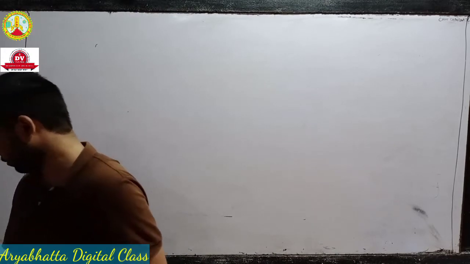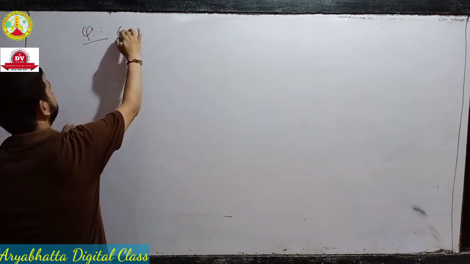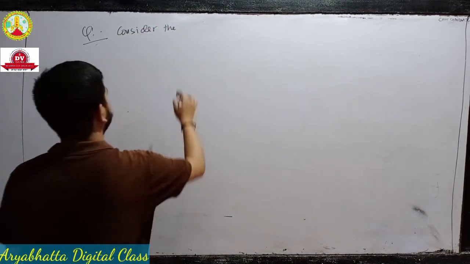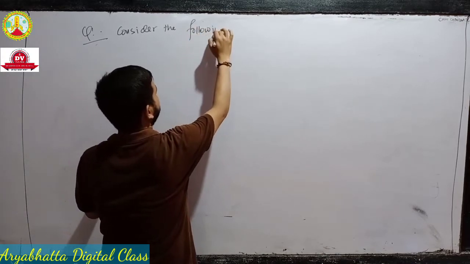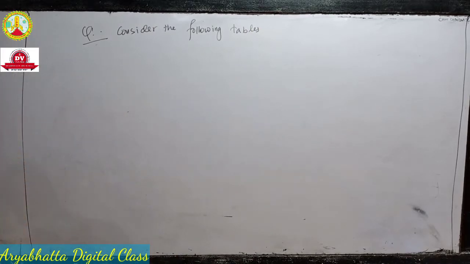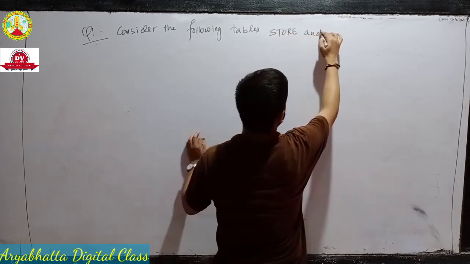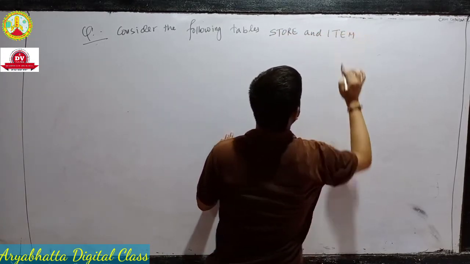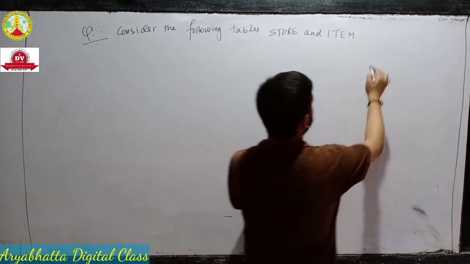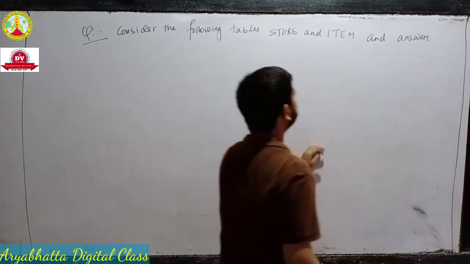Next, you see, suppose there is a table. Consider the following tables: store and item.